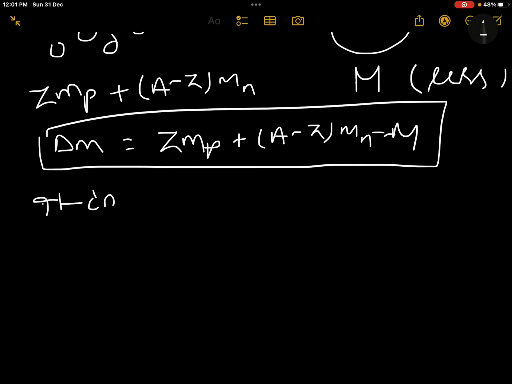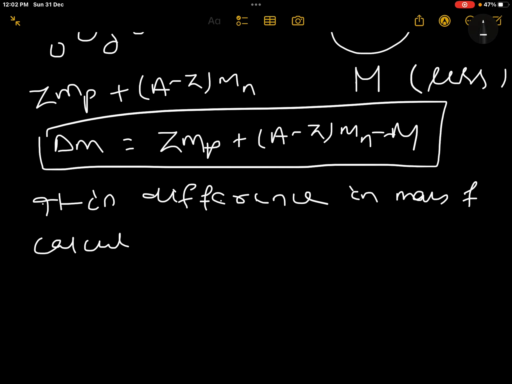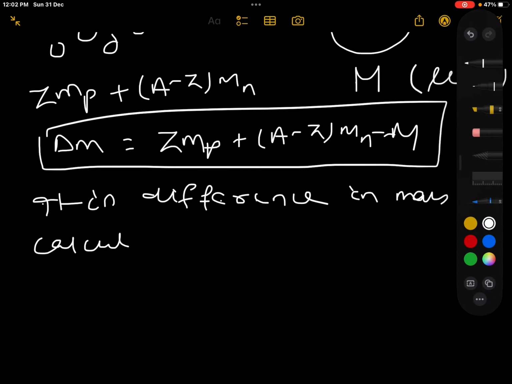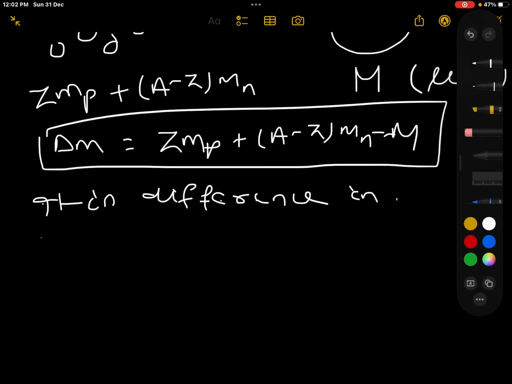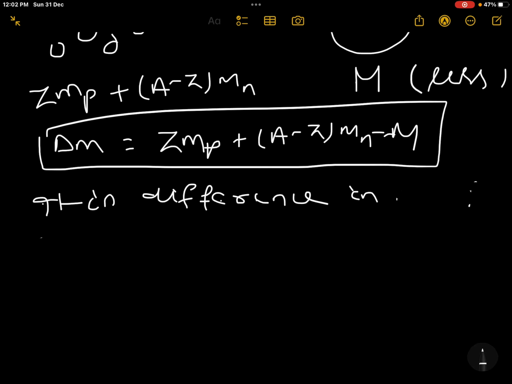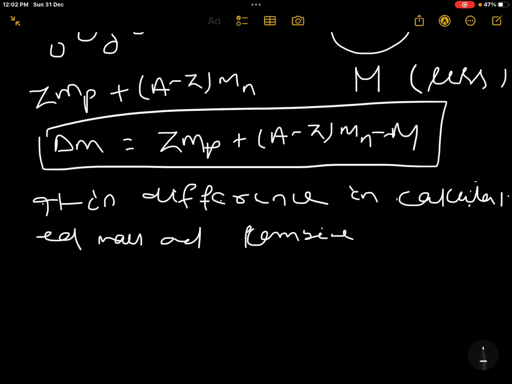It is the difference between the calculated mass of nucleons and the combined nucleus.